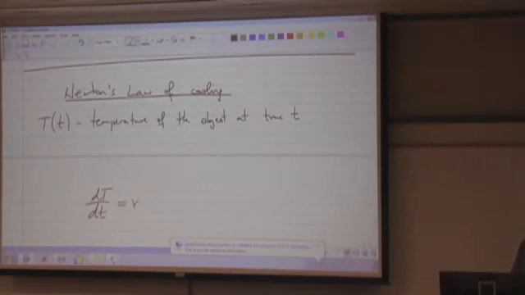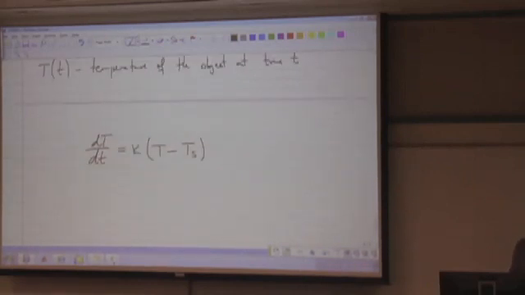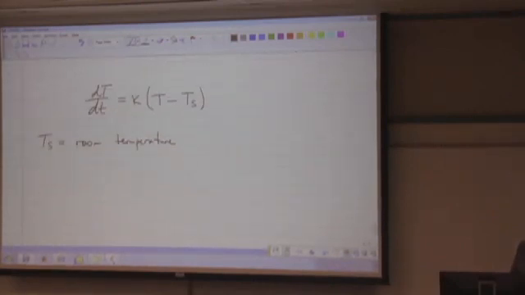So proportional means k times the difference between T and Ts. They're using Ts, so Ts is room temperature or environment temperature, I guess, right? Does this make sense so far? Okay, now how would you solve something like this?